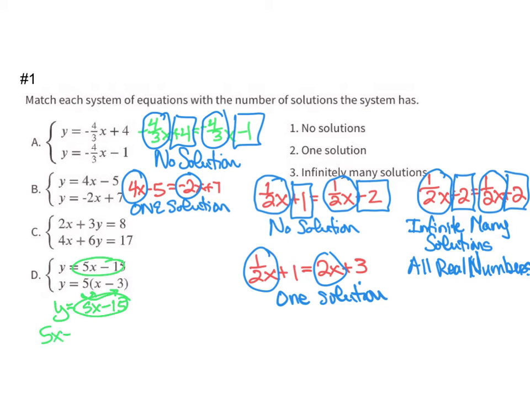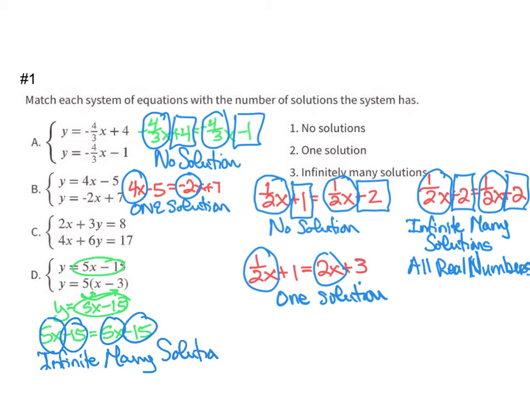So I have 5x minus 15 equals 5x minus 15. Are my variables the same? They are. Are my numbers the same? They are. So our answer is infinitely many solutions.